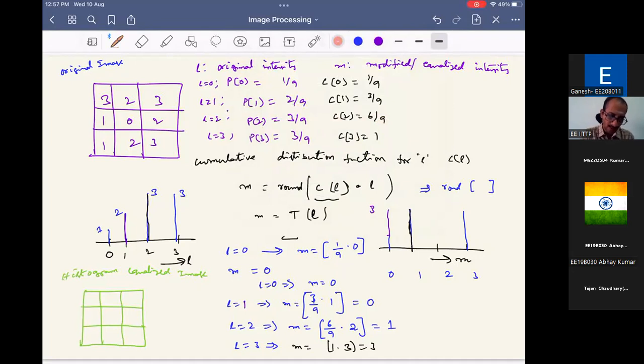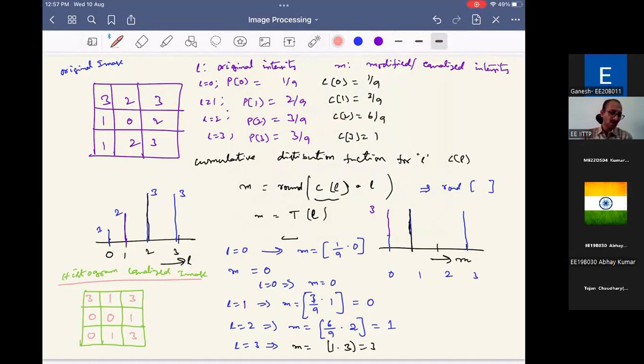Wherever you have 0, there still 0 is there. Wherever 1 is there, what intensity do you have to put? What is the modified intensity? So 0. Okay, wherever 2 is there, we have to put 1. Wherever 3 is there, 3.